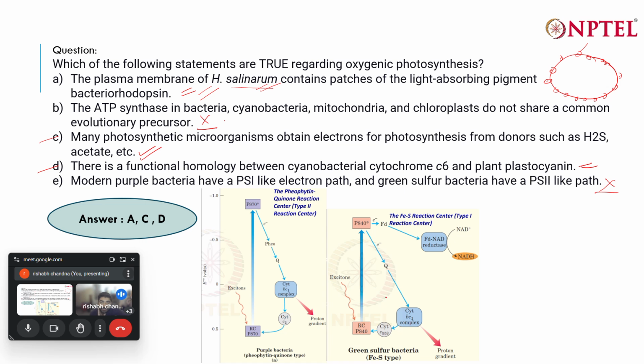And in the green sulfur bacteria, it's the Fe-S reaction center, that is the type 1 reaction center, so it can activate NAD reductase. So hence this option E is false. The correct answer is option A, C, and D. Any doubts in this question?